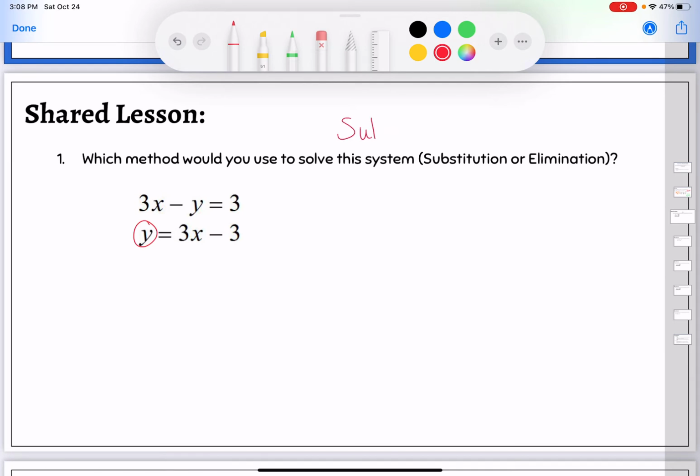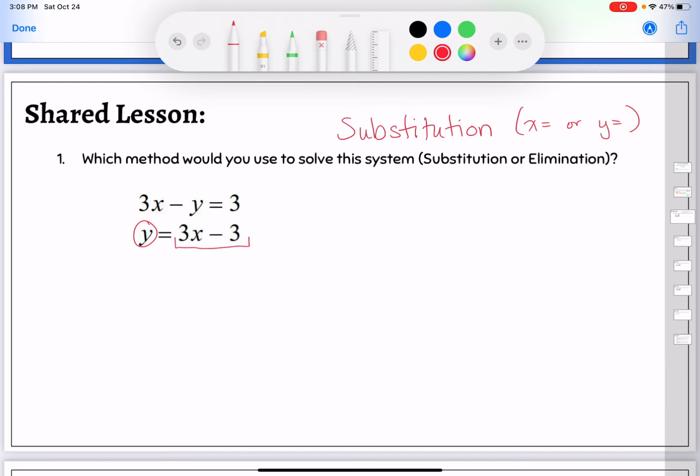So this one is definitely substitution. Remember, you're looking for an x equals or a y equals, or I should be able to do it in one step, right? So that's what we're looking for substitution. An x equals or a y equals, an x by itself or a y by itself.